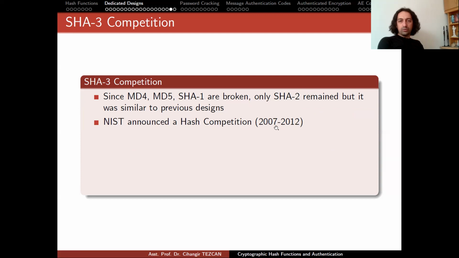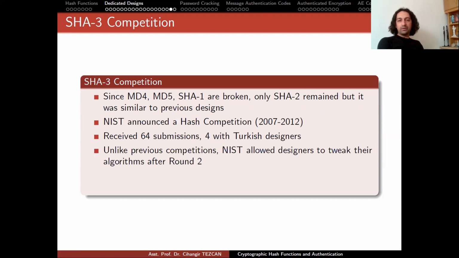Starting from 2007, which ended in 2012. And it received 64 submissions, and 4 of them contained Turkish designers. And unlike the previous competitions held by NIST, like the AES competition, Advanced Encryption Standard competition, NIST allowed designers to tweak their algorithms after round 2.